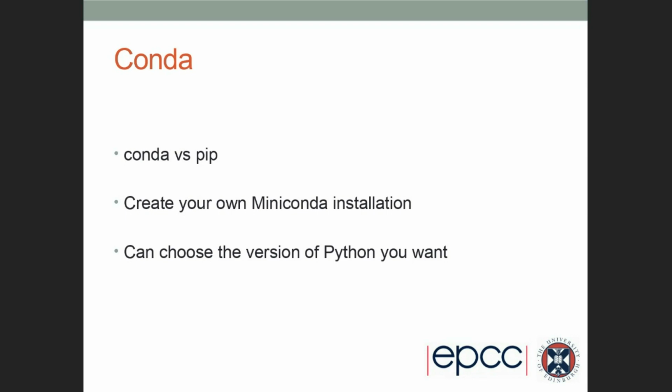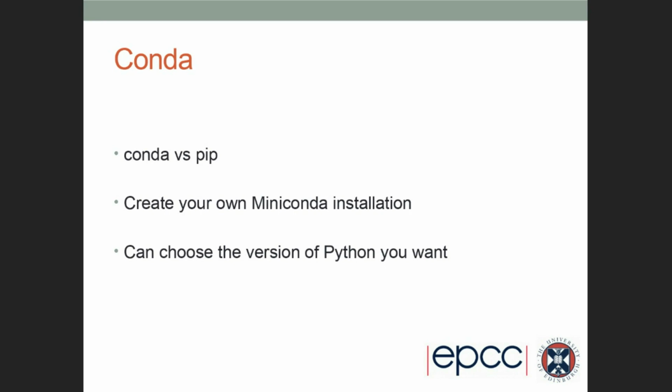The way to do this on ARCHER2 is to create your own Miniconda installation. I haven't gone into detail on this, but if you search for Miniconda online, you'll find plenty of documentation about how to download the installer, and from that it's essentially a matter of using conda install and then the package name.